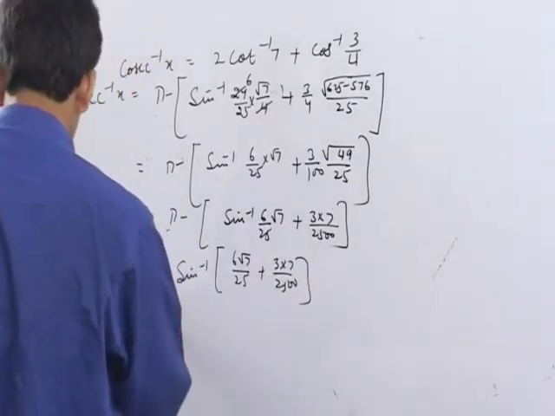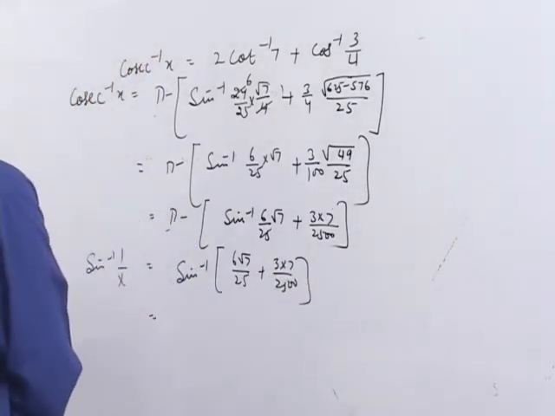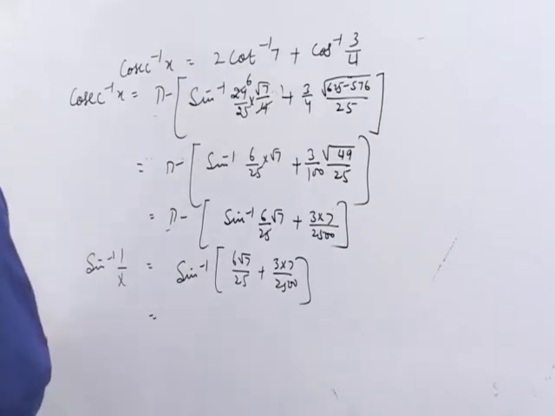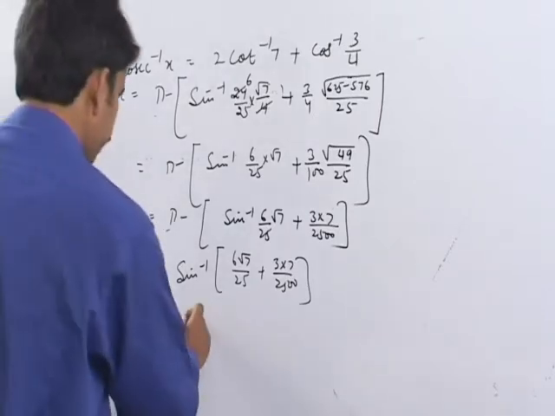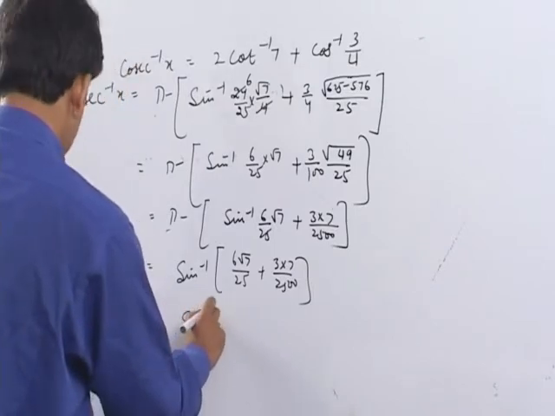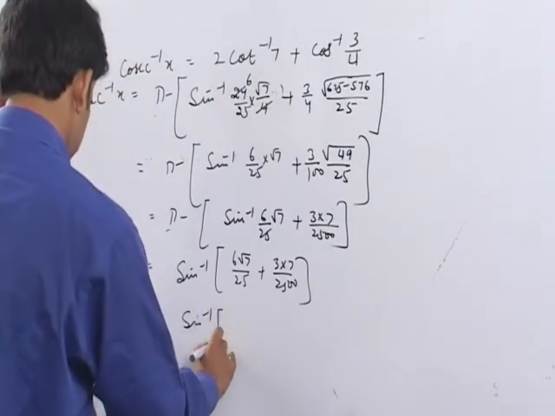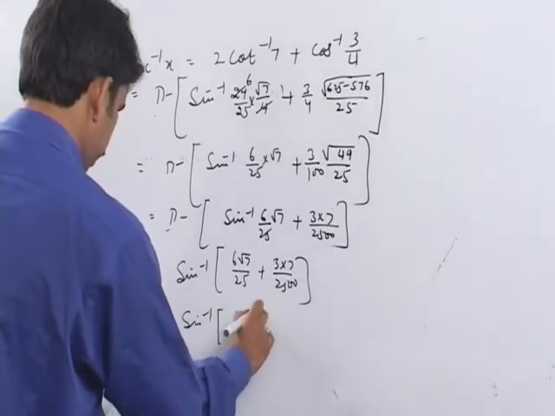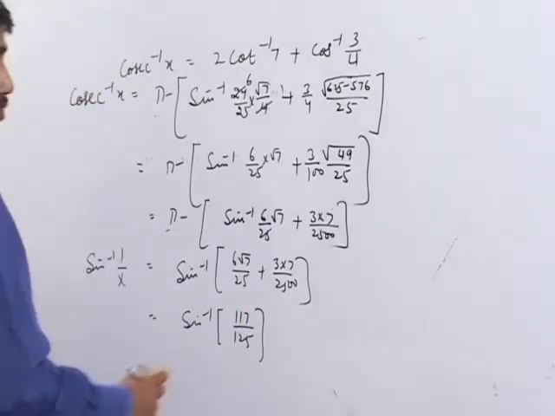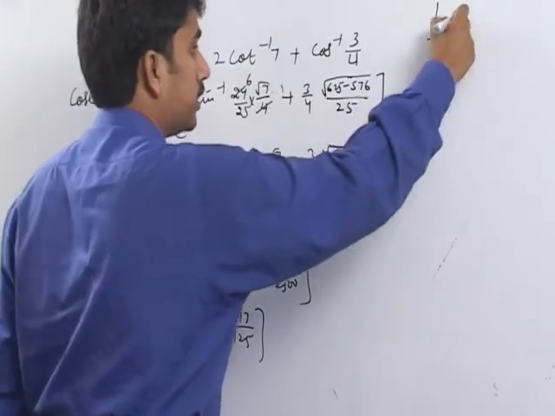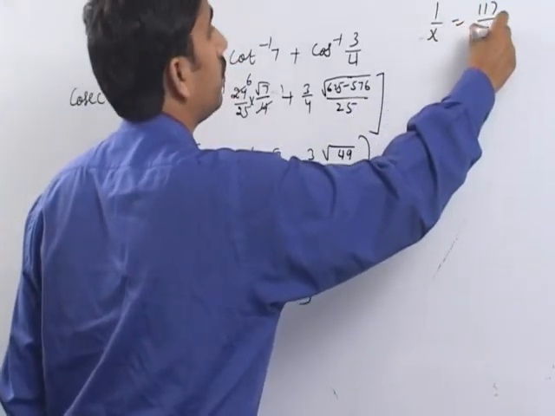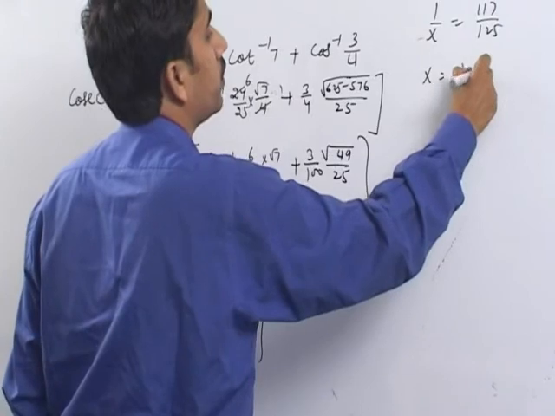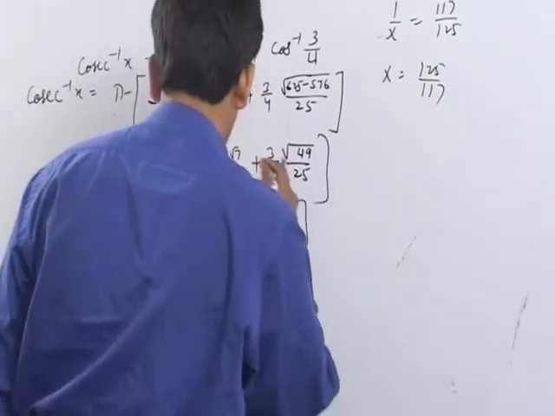And when you solve it, you will get sine inverse 117 over 125. From here you can conclude that 1 over x is equal to 117 over 125, so x is equal to 125 over 117.